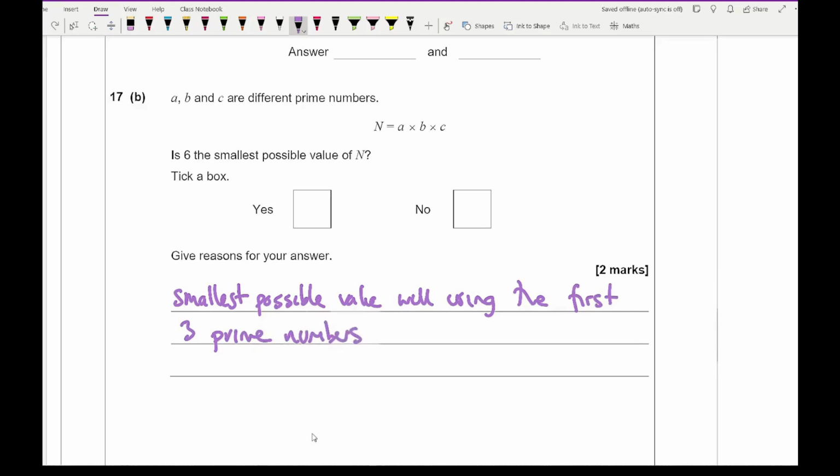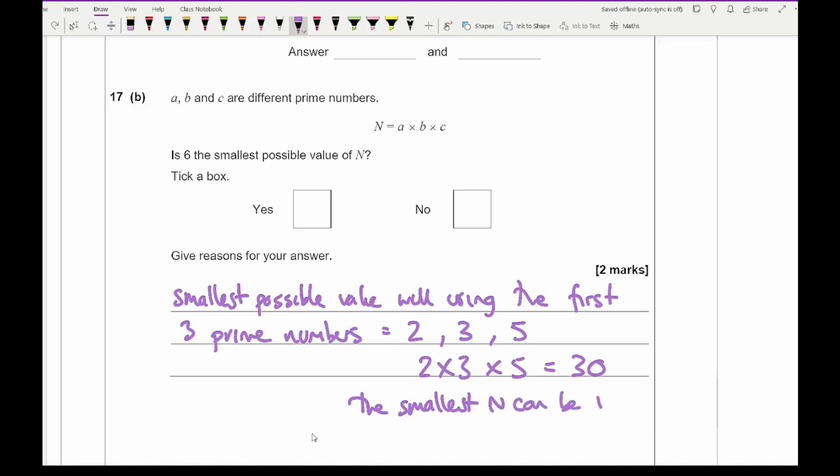And the first 3 prime numbers are 2, 3 and 5. So 2 times 3 times 5 equals 30. So the smallest n can be is 30, not 6. So the answer is no.